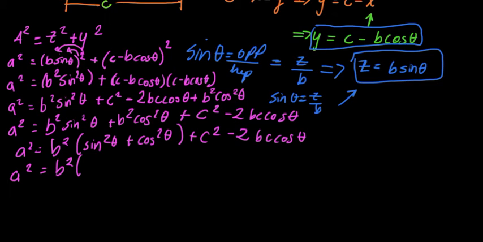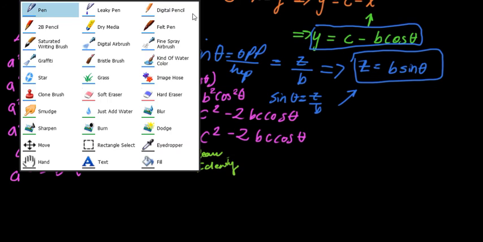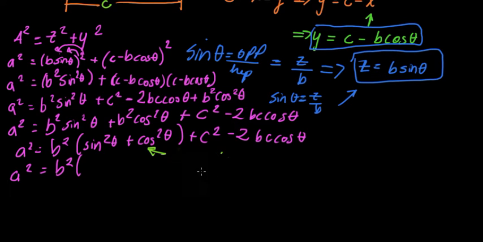Now I see something here, and it indeed is a Pythagorean identity, right? A Pythagorean identity that I see here.